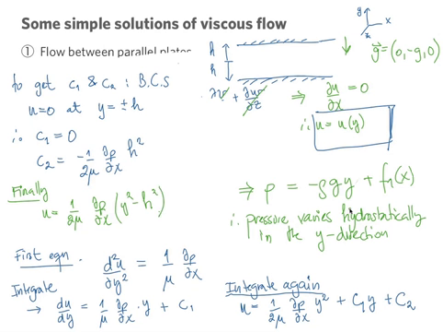This is the result we've already discussed before, but we discussed it without proof, which is that you get a parabolic velocity profile between the two plates. Otherwise known as Poiseuille flow.